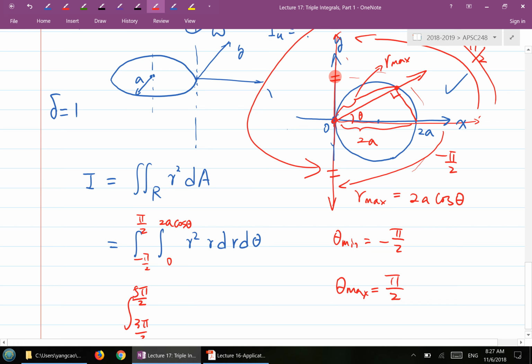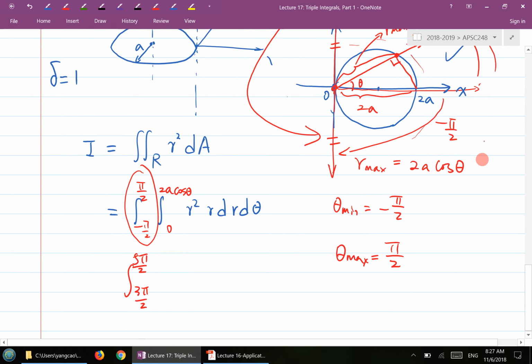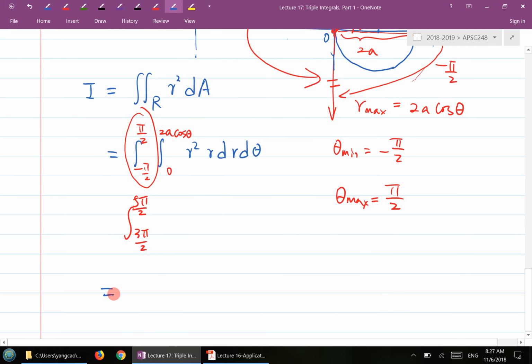So what's the easy one? I think this is probably the easier one. So here you won't make a mistake. Consistency. Either use all positive angles, or you use from a negative to a positive, like here. Good? Okay. Excellent thinking.